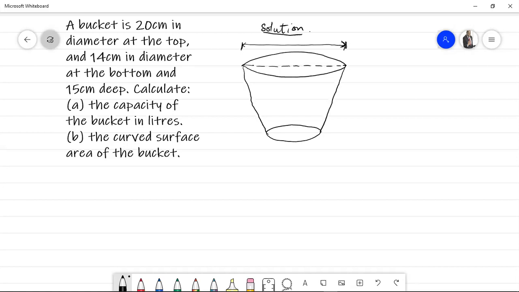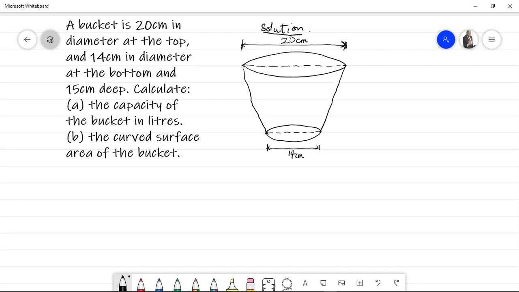But I can do this to show that from here to here is given as 20 centimeters. Likewise, the diameter of the bottom is 14 centimeters. So which means from here, following my broken line here to here is 14 centimeters. So I could also come out of the shape and do this to show that from here to here is given as 14 centimeters.